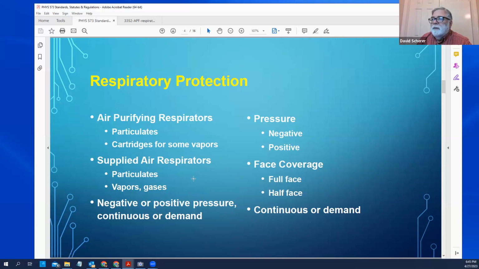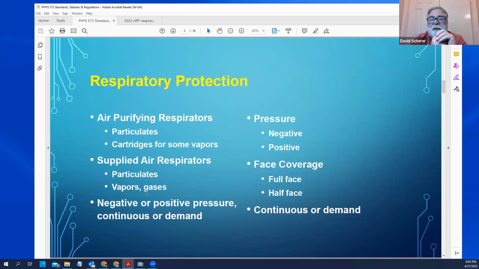Now, respirators can be either negative pressure or positive pressure. Filtered air purifying respirators are typically negative pressure, or many of them are. So you breathe through a filter and it's negative pressure because you're sucking in the air. And so the pressure inside the mask is negative relative to the pressure in the environment around it.